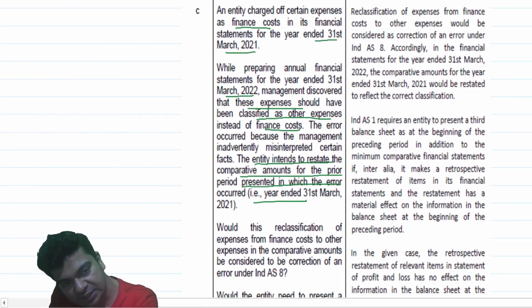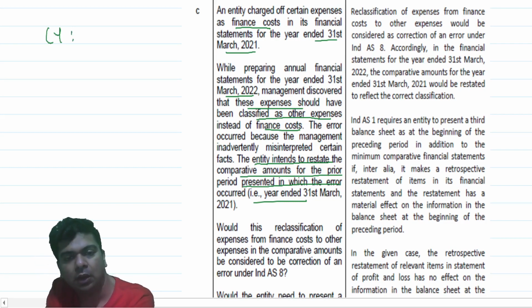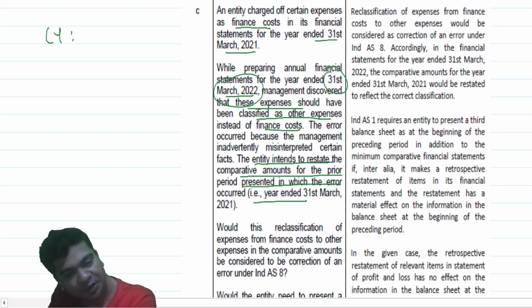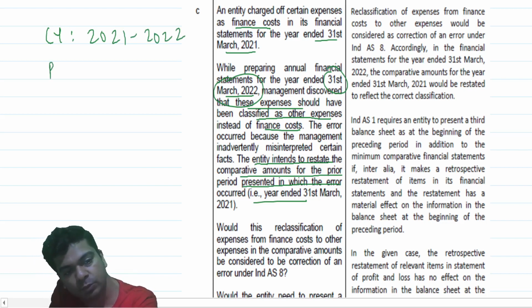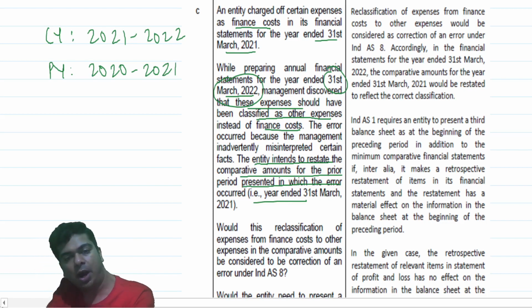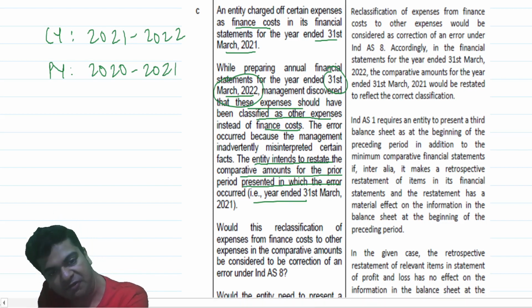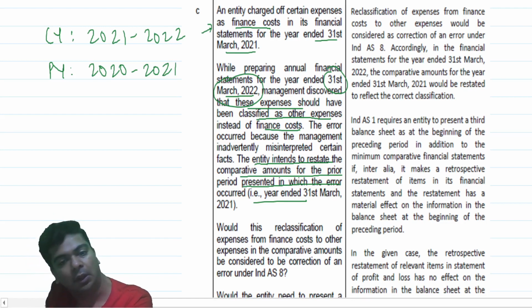As usual, first understand what your current year is. You are finalizing the statement for 31st March 2022. That means your current year is 2021-22. This will give me the previous year. My previous year is 2020-2021. Now, if I read the first para, they say that the entity charged off certain expenses as finance cost in its financial statements for the year ended 31st March 2021.